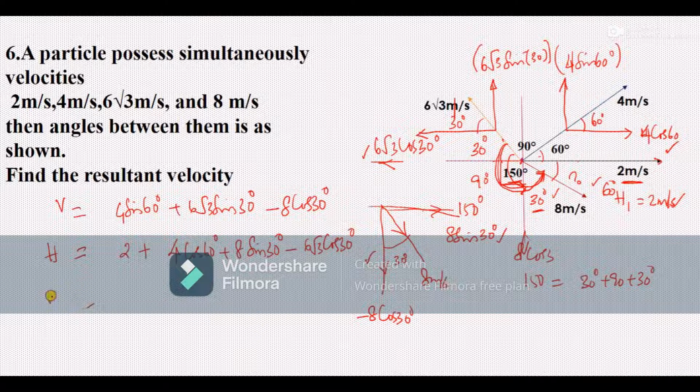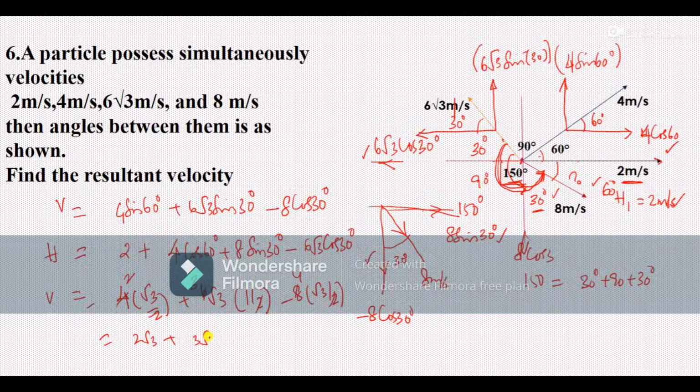So we simplify this equation. For V, sin 60 is root 3 by 2, sin 30 is half, and cos 30 is root 3 by 2. So this turns out to be 5 root 3 minus 4 root 3, which is equal to root 3 by 2.